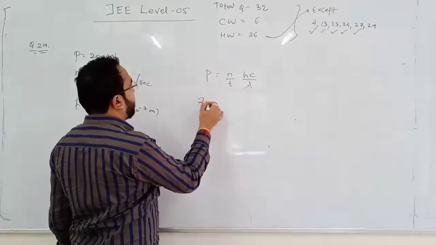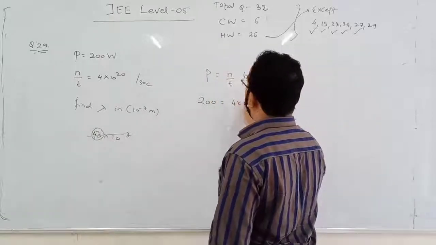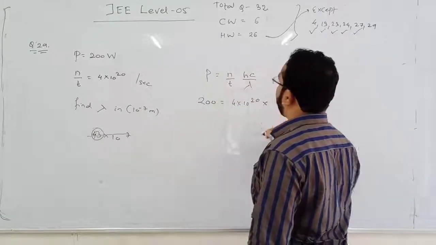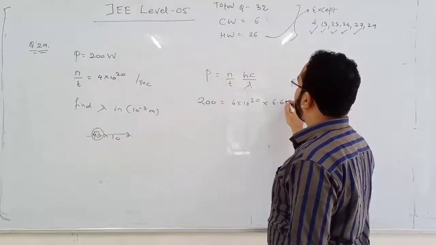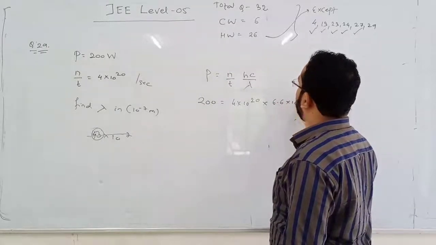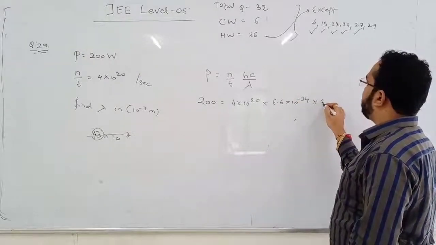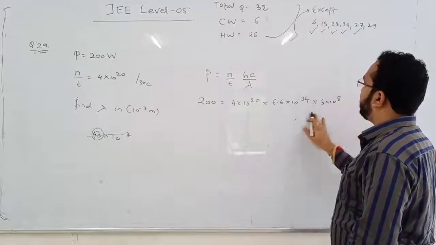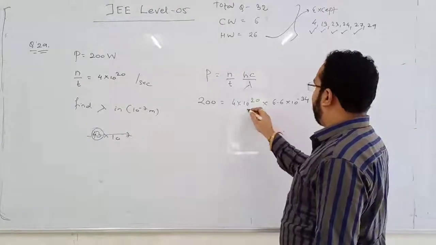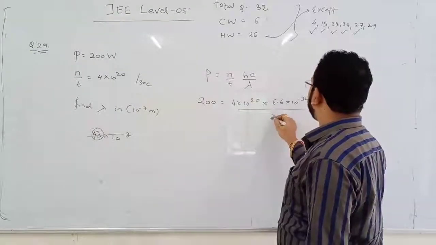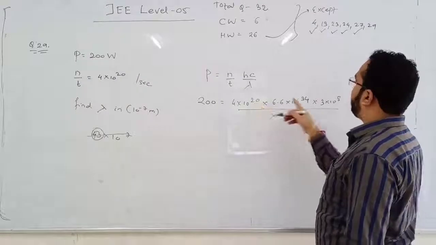So this is 200 equals n upon t, 4 into 10 raised to power 20, into h, 6.6 into 10 raised to power minus 34, into c, which is 3 into 10 raised to power 8, upon lambda. So 20 and 8.